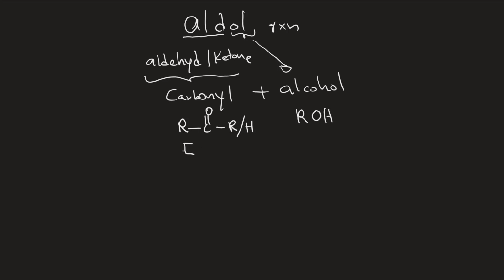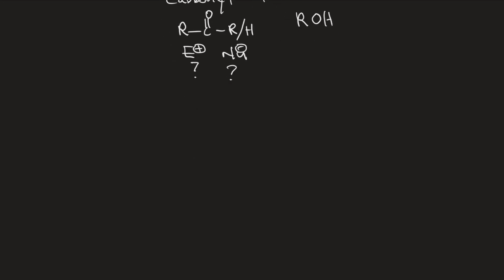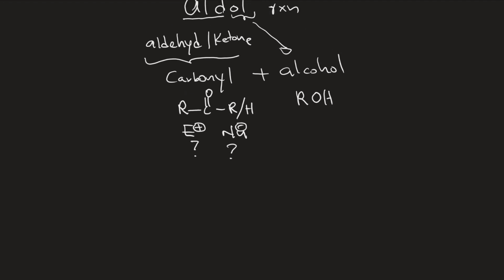Now we're going to look at mechanistically what the important things are. An electrophile, E plus, and a nucleophile, Nu minus, should be there in order to do a reaction, because this reaction will make a carbon to carbon connection. So there's an electrophile and nucleophile combining. Those are the key things.